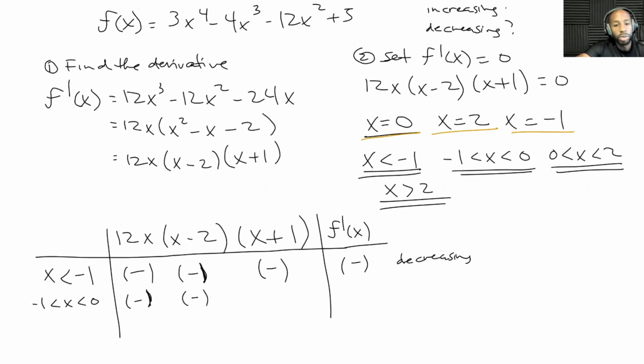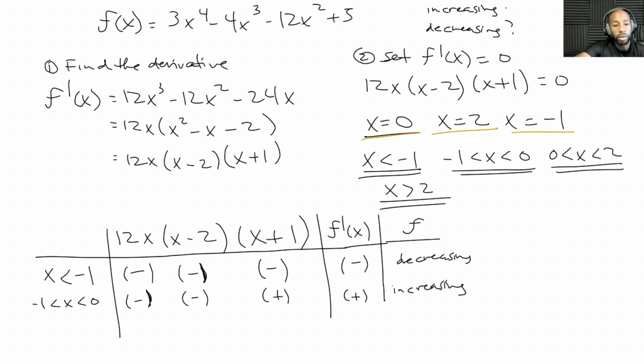When you get to the end point of this interval, when -1 plus 1 is 0, this is actually going to be positive. So a negative times a negative is a positive, times a positive is a positive. So at this part, the first derivative is greater than 0, which means that the function is increasing.